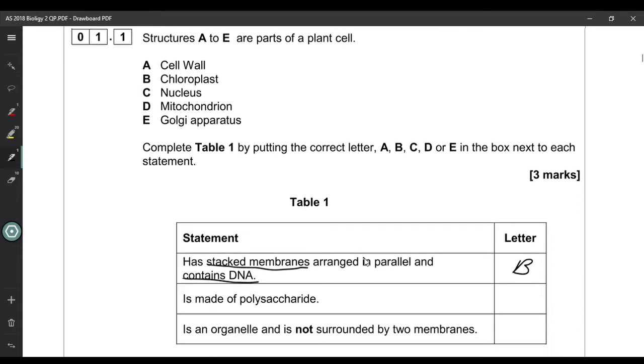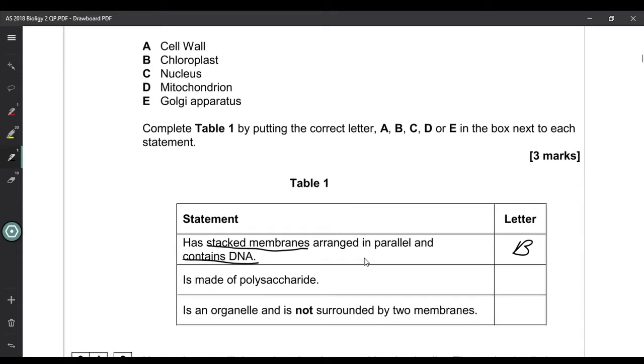Made of polysaccharide. So again, if we go through those particular options, the only one of those that contains carbohydrate is A, the cell wall, and is an organelle and is not surrounded by two membranes.